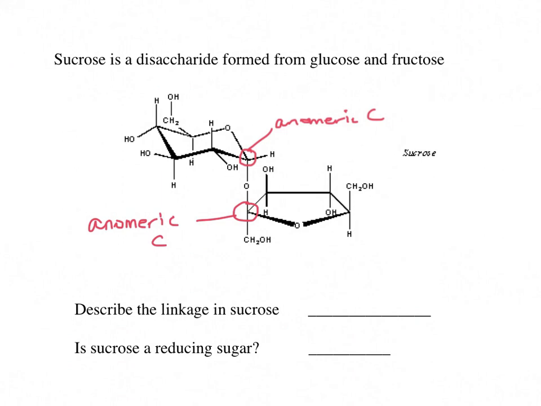So now describing the linkage in this thing. It's a 1 to 1 or 1 to 2? 1 to 1 is the first one. I'll agree with you there. What carbon number is bonded in that 5-membered ring, the furanose ring? It's bonded through the anomeric carbon, right? Yeah.